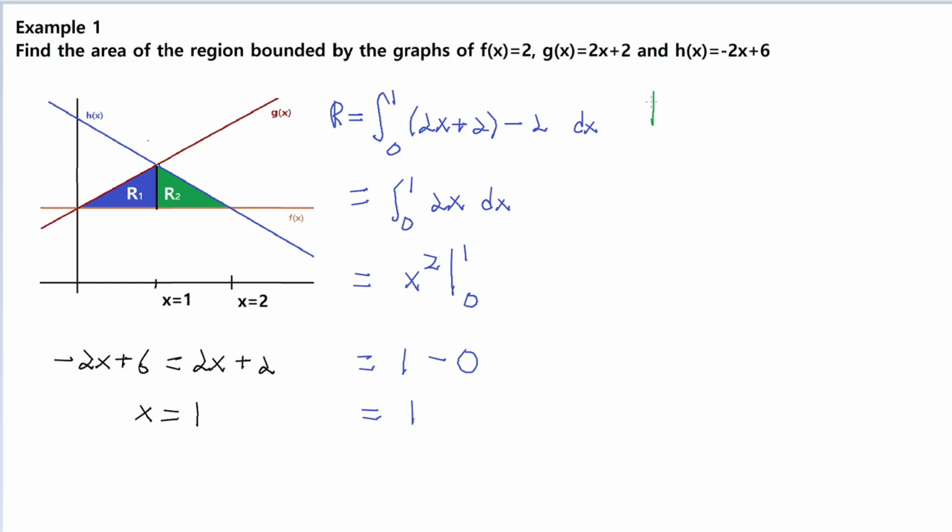Now for the green area, your top function is h of x, and you're integrating this from 1 to 2. The top function was negative 2x plus 6, and the bottom function was 2, dx. The integral from 1 to 2 of negative 2x plus 4.